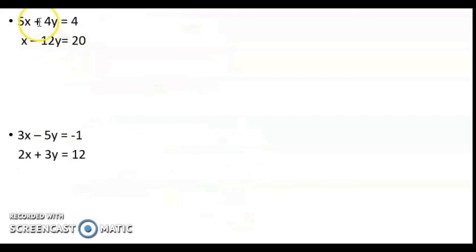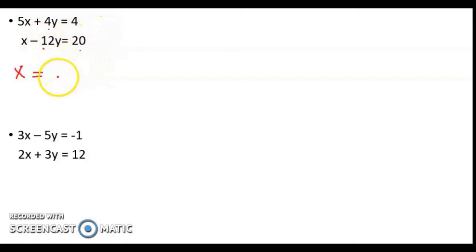Let's try to solve these questions on your own. In the first equation, do it in your mind. So here we will get 20 multiplied with 4, that is 80, and minus 12 multiplied with 4, that is minus 48. So 80 minus minus 48.